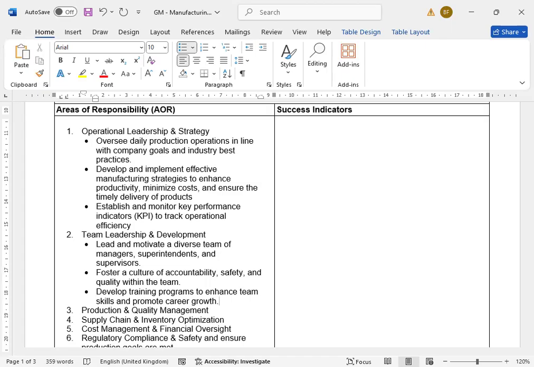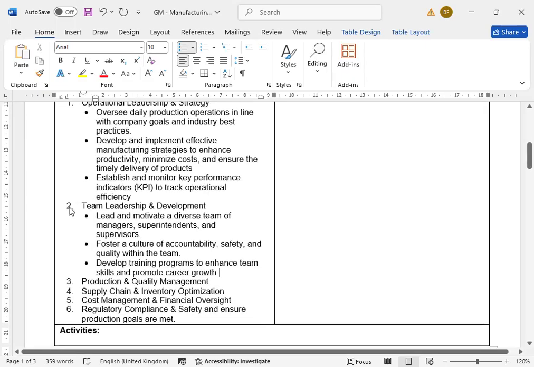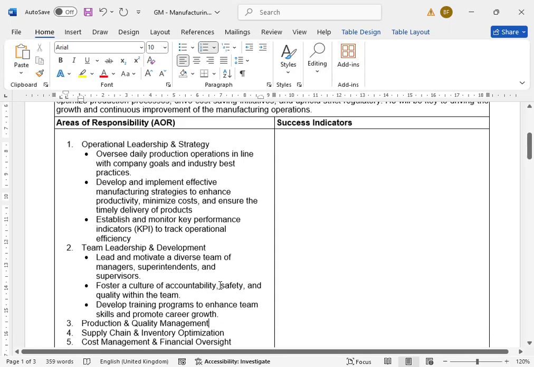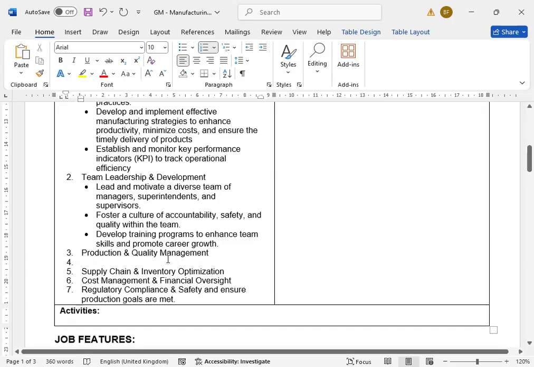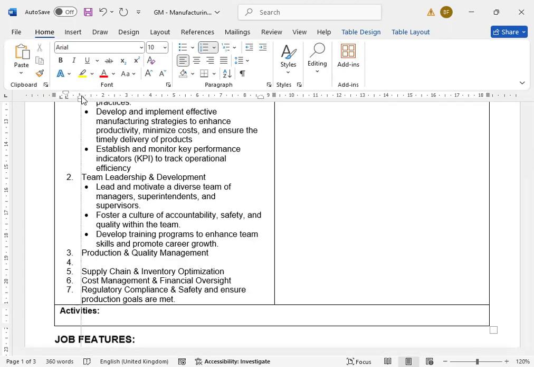They want to learn, gain experience, gain knowledge and skills, and maintain a good attitude. So that's why it's very important to promote career growth. All right, that will be it for the number two key responsibility area. And then the next one would be number three, production and quality management. I'm going to adjust this one too.